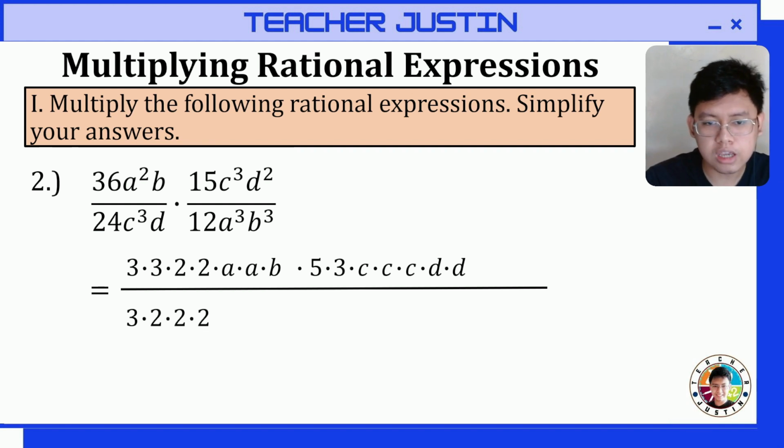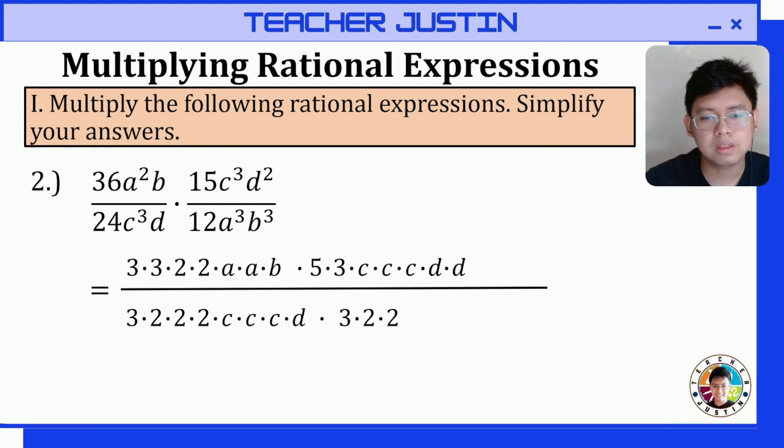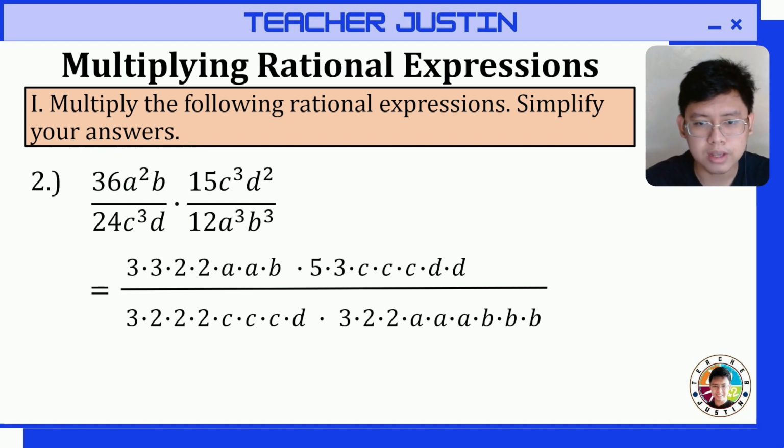Tapos, c cubed, tatlong c, tapos isang d. Ayan. Tapos, punta naman tayo kay 12a cubed b cubed. So, 12 can be factored as 3 times 2 times 2. Tapos, tatlong a, tapos tatlong b. Ayan. So, na-factor na natin using prime factorization lahat ng ating monomials ng numerator and denominator natin.